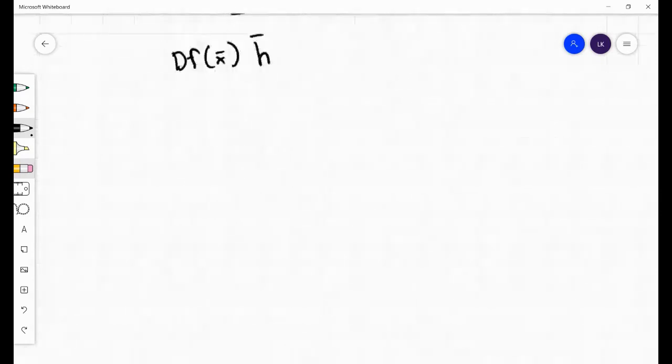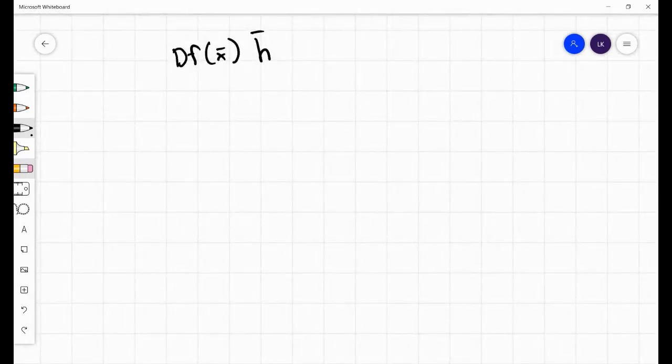So let's just do an example. Here's a function from R2 into R like we just did.